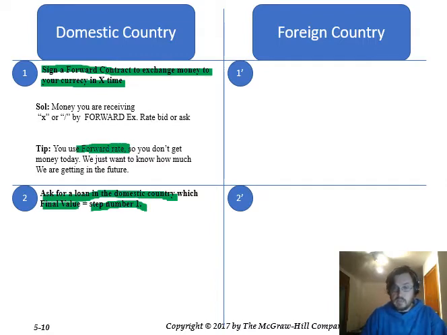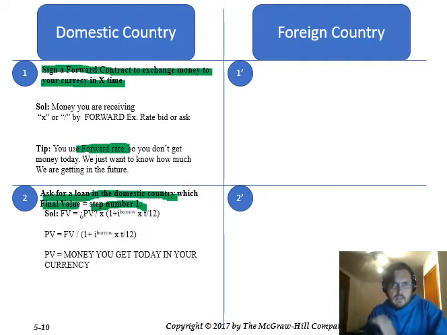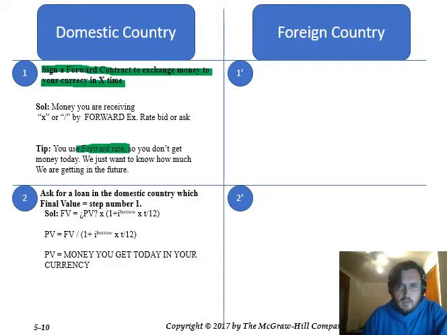How do we do that? With this expression, we got the final value equal to the present value times 1 plus the interest rate to borrow.